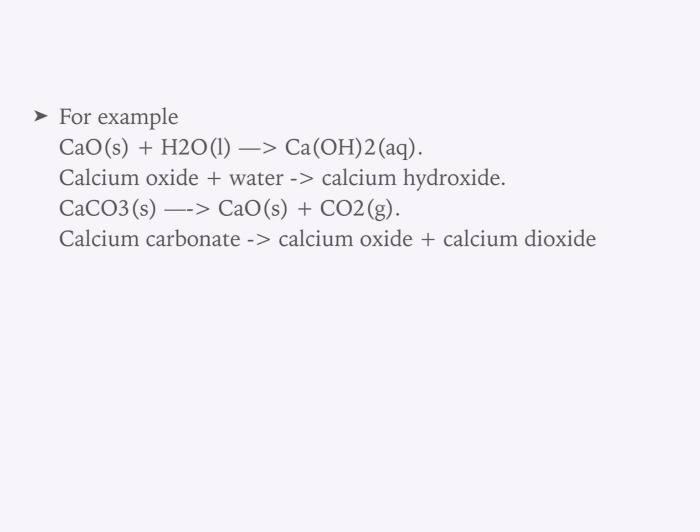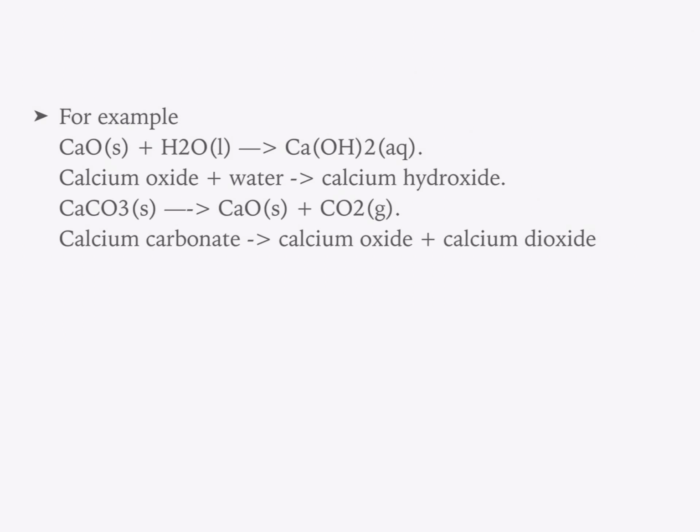Also, when calcium carbonate is heated, it decomposes to form calcium oxide and carbon dioxide. It is an example of a decomposition reaction. The above one was an example of a combination reaction, and the below one is an example of a decomposition reaction.